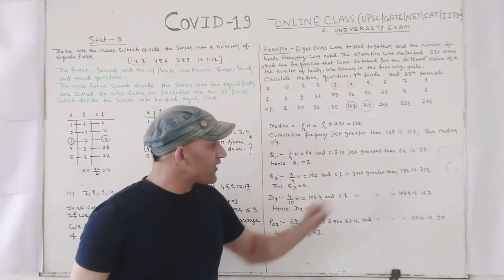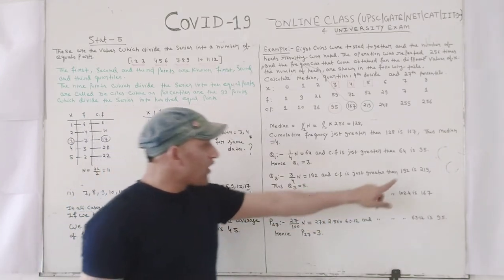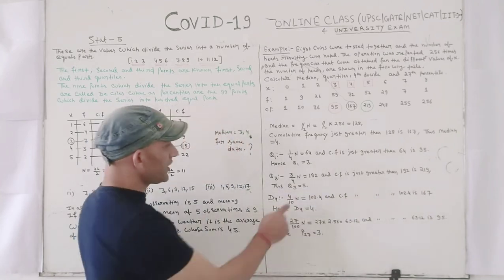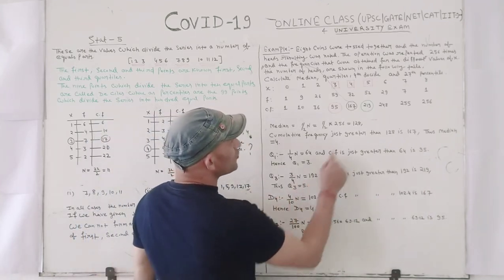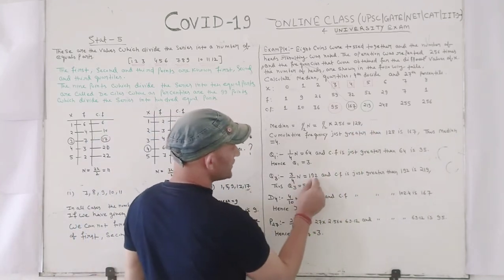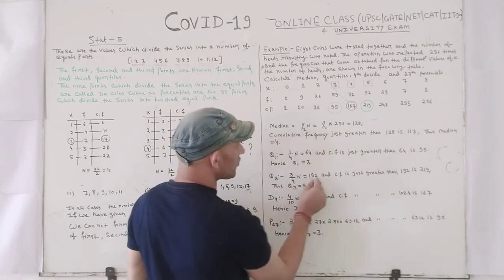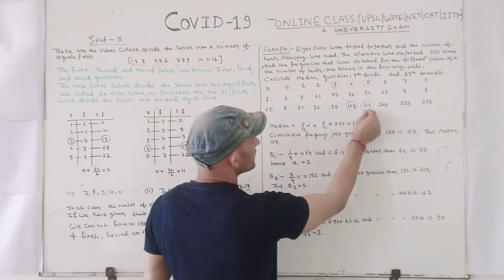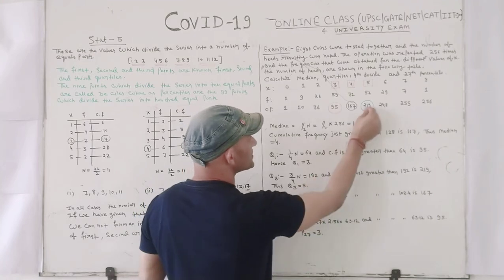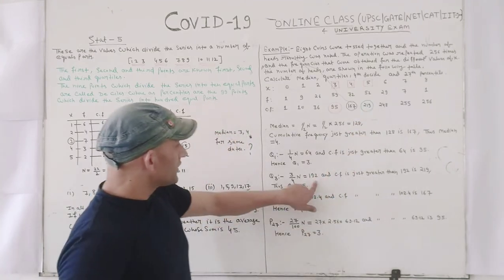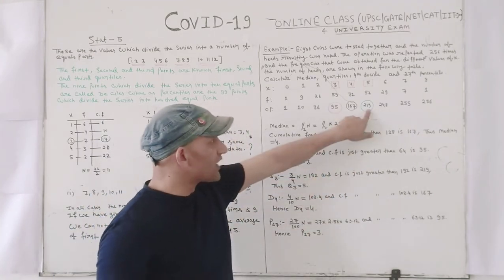The cumulative frequency just greater than 192 is 219.